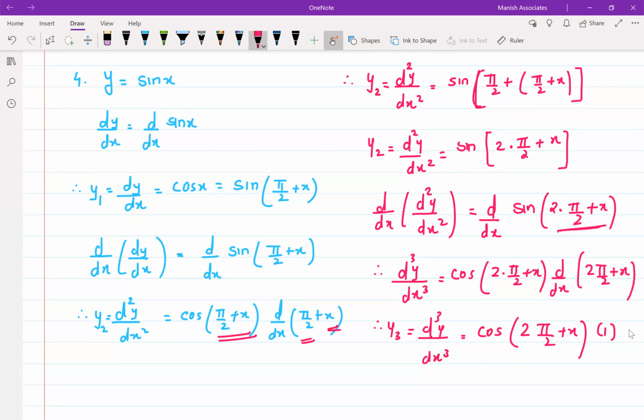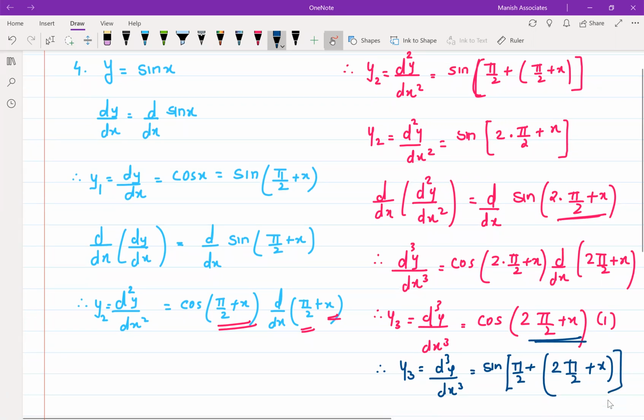All right. So I'll complete it this way. Therefore, y3 will be equal to d cube y by dx cube will be equal to, I can now write very comfortably as sine of pi by 2 plus the angle, pi by 2 plus the angle. Now this angle is 2 times pi by 2 plus x, which I'm sure you all will agree.